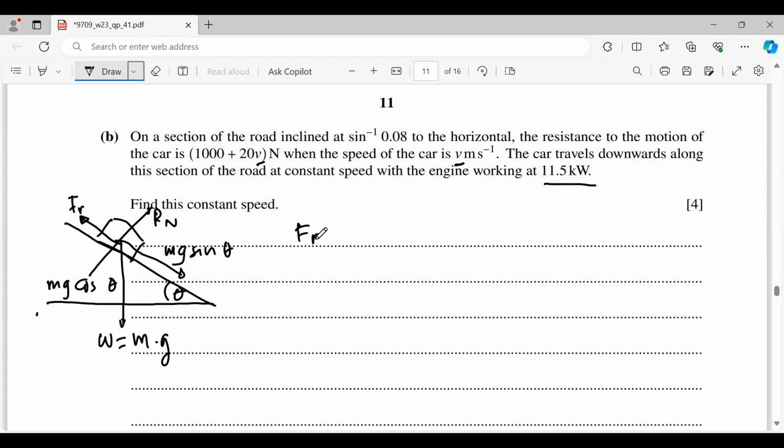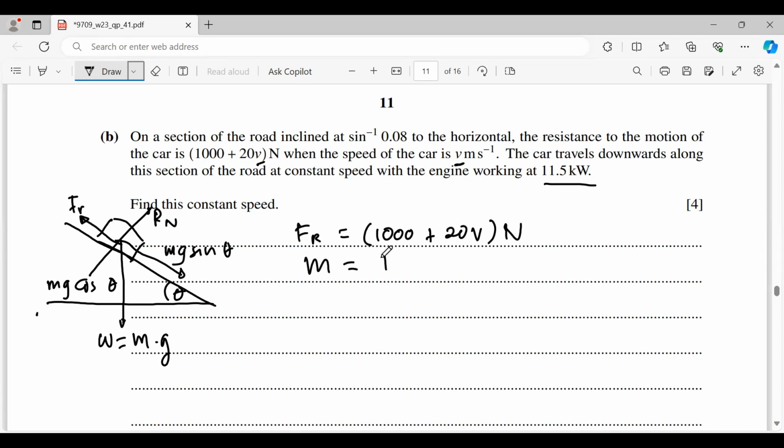So Fr, the resistance force, is 1000 plus 20 velocity newtons.